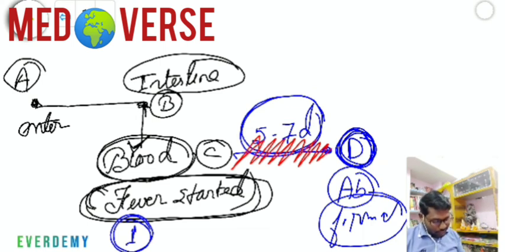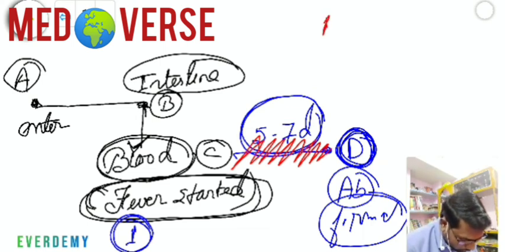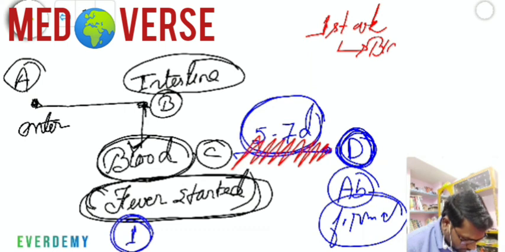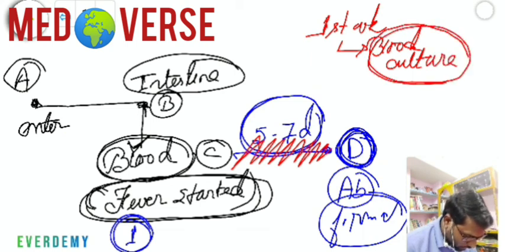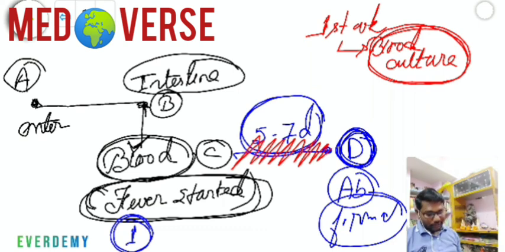So the concept is, in the first week the blood culture is your investigation of choice to diagnose typhoid fever. The Widal test is negative in this period.